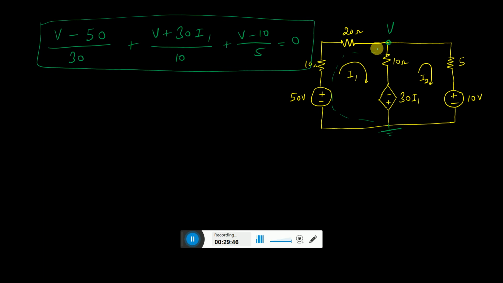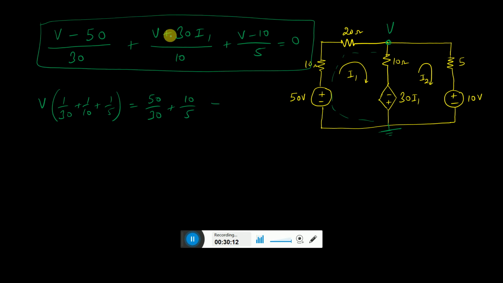If you want to solve this, simply take V and take all the coefficients from here, like 1 by 30, 1 by 10, 1 by 5. You can take out this 50 to the right hand side and write 50 by 30, and take another constant on the right hand side, plus 10 by 5.